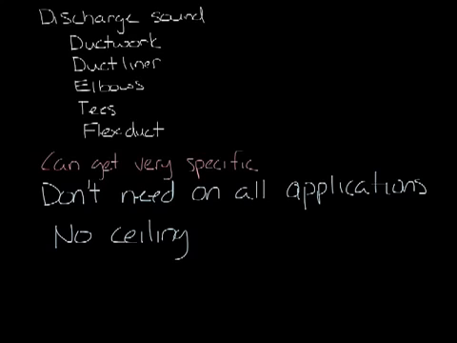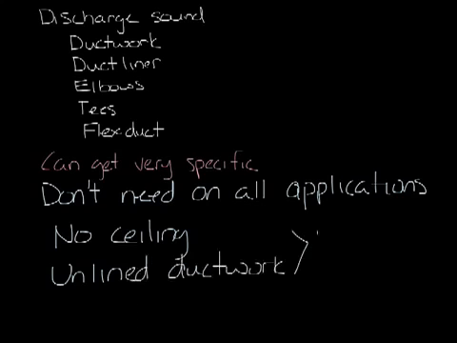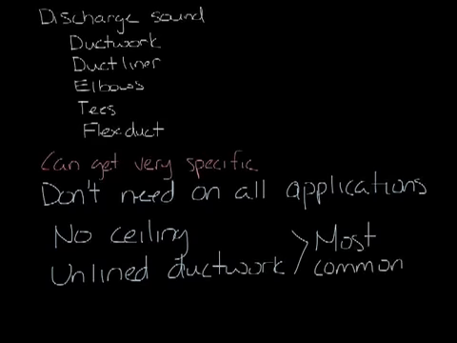So you'll want to calculate the NC of your application without the ceiling attenuation numbers to get the most accurate NC for your design. Applications with no ceiling or unlined ductwork are probably the two most common applications where we recommend doing the calculations so that you know exactly what you're going to get acoustically in your project.